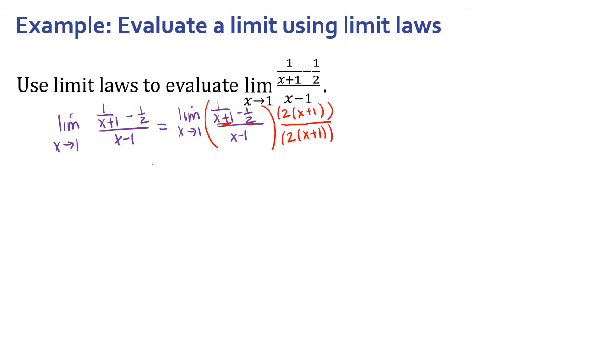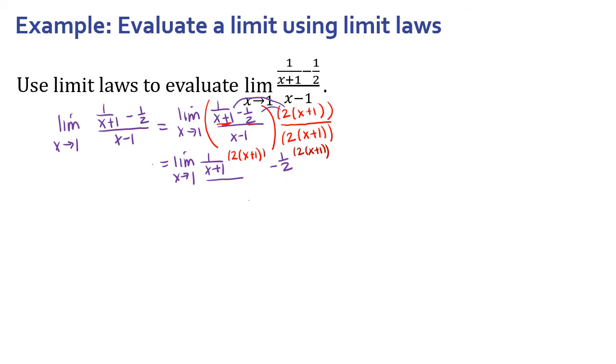Okay, so again, this is my fancy one using some math magic to change how this function looks, to find an equivalent one that we can actually evaluate. So what we need to do now is distribute this to each of those terms. So when I do that, I'm going to get 1 over x plus 1 times 2 times x plus 1, minus 1/2 times 2 times x plus 1.